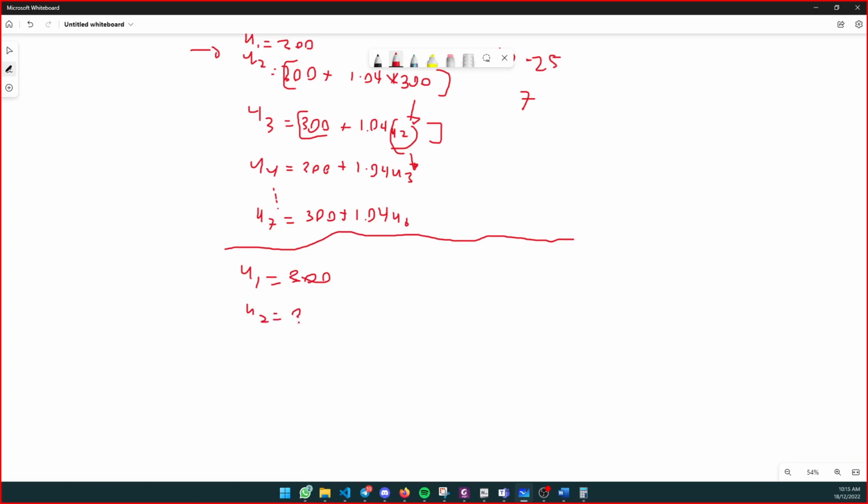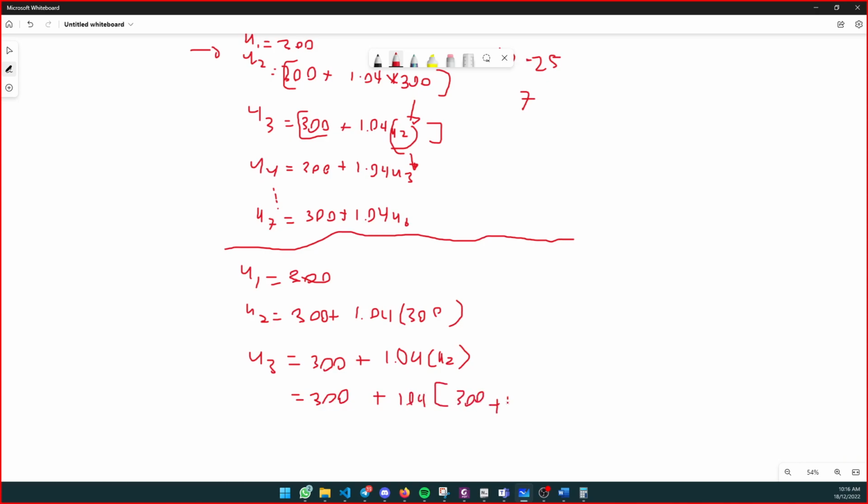U2 equals 300 plus 1.04 times 300. Then U3 equals 300 plus 1.04 U2, which is basically 300 plus 1.04 bracket 300 plus 1.04 times 300.